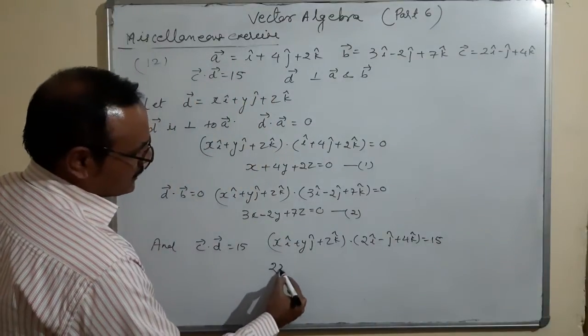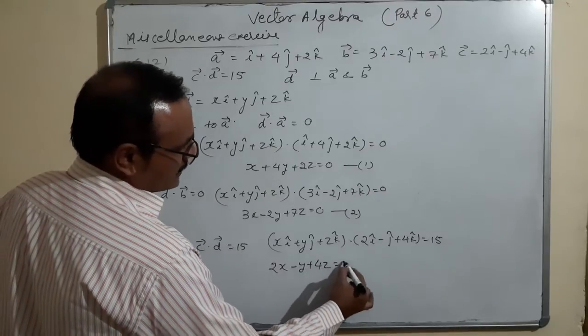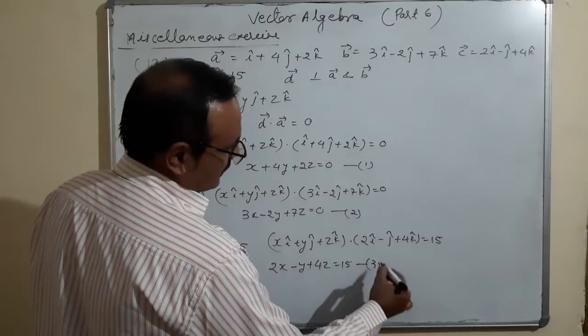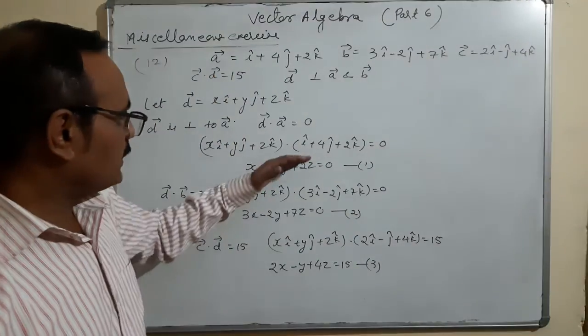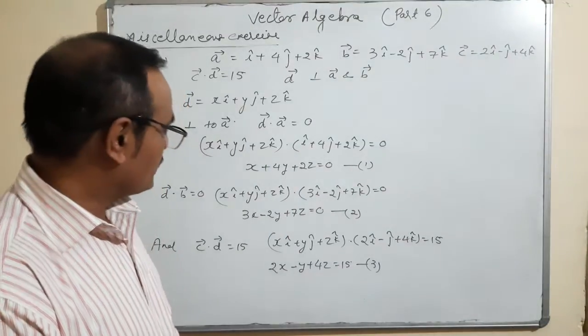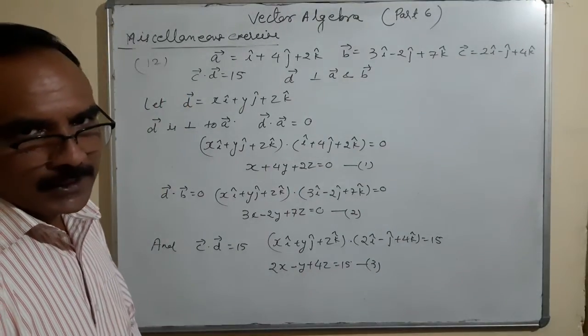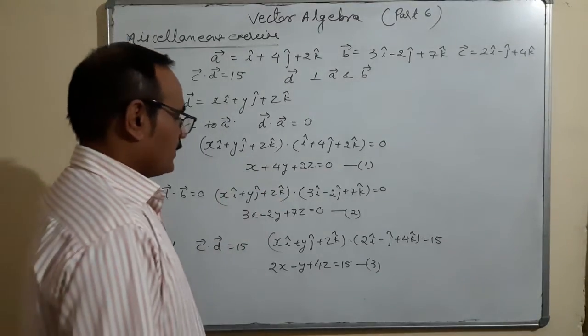Compare, so 2x minus y plus 4z is equal to 15. This is equation number 3. Is it okay? Now we got three equations, equation 1, 2 and 3, and there are 3 variables. So it is very easy for us to solve. We have 3 equations and 3 variables.